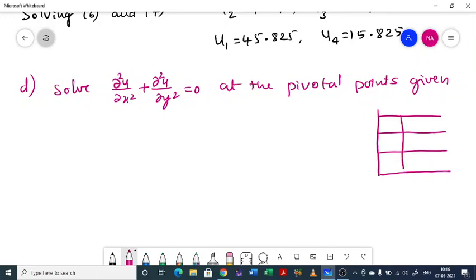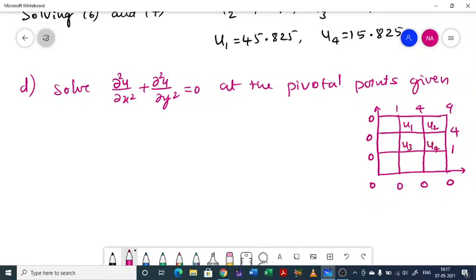These values are 0, 0, 0, here also 0, 0, 0, you'll be getting 1, 4, 9, 4, 1, and this is u1, u2, u3, u4.